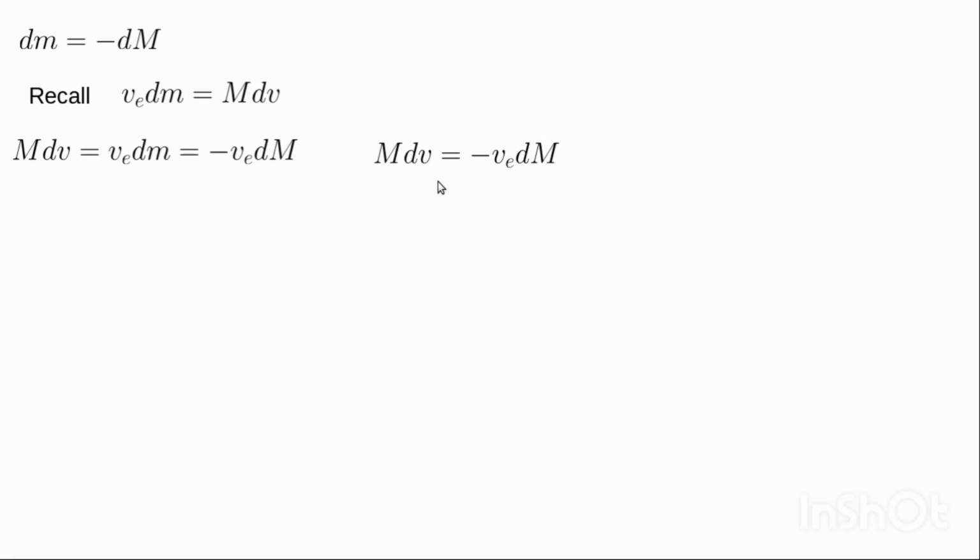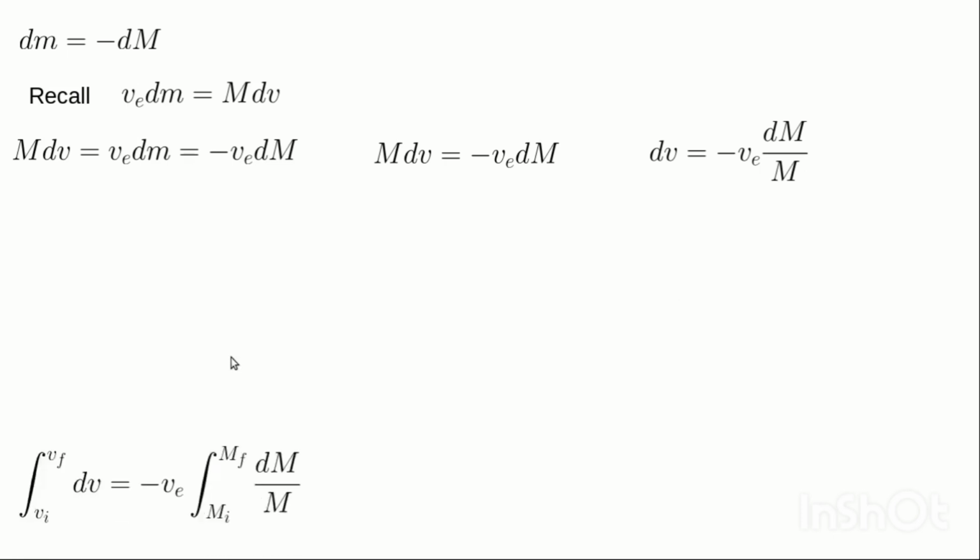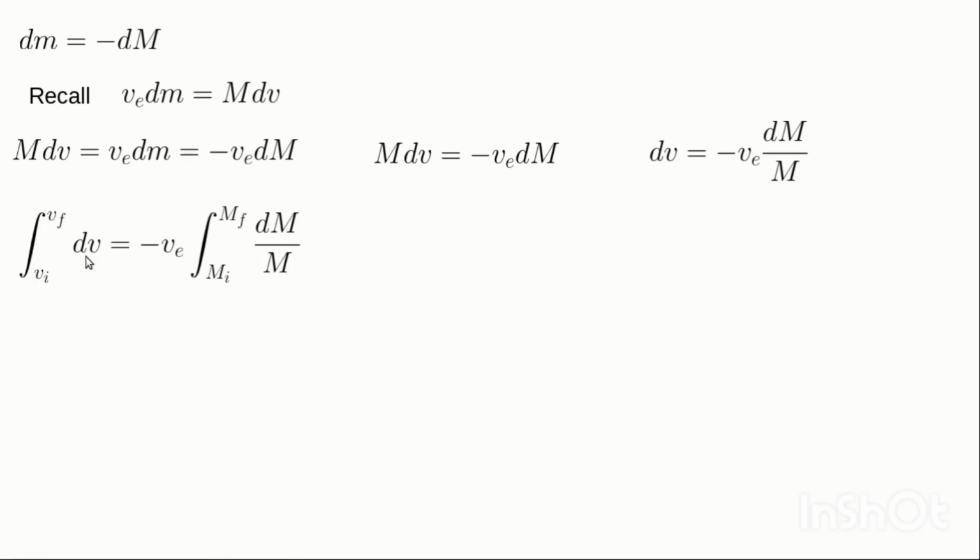So at this point, we can separate the variables, and we have dv equal to minus ve dm all over M. And by the time we integrate both sides, right, we have dv from this point to this point, initial velocity to the final velocity. Those are the limits. Then equal to minus ve, because it's a constant, we can bring it out. Then we integrate this one from initial mass to final mass.